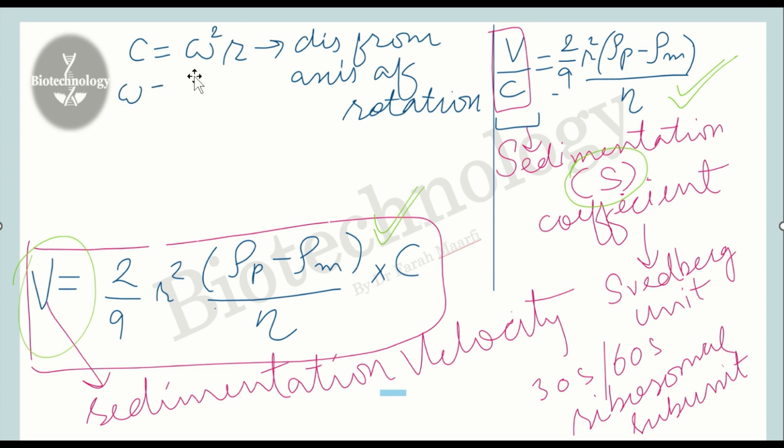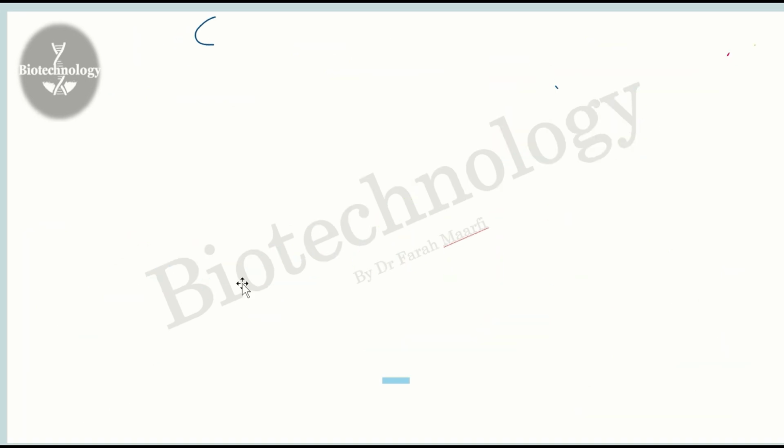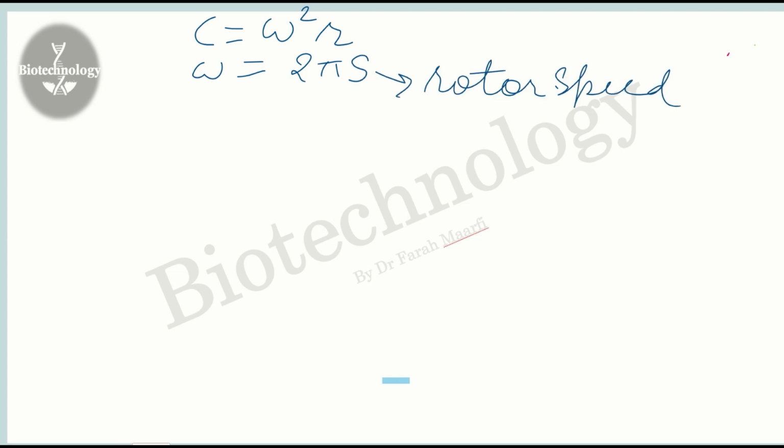And omega here represents the angular velocity, and angular velocity is equal to 2 pi S. Let's understand this more clearly. Since you know that C is equal to omega square r, and you also know that omega is equal to 2 pi S, S here represents the rotor speed, and the unit for C is centimeter per second square.